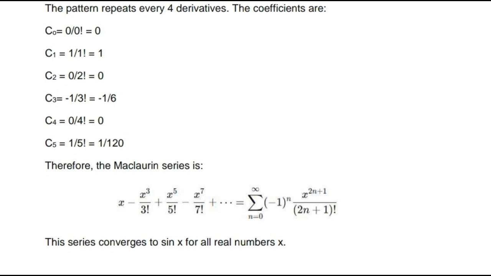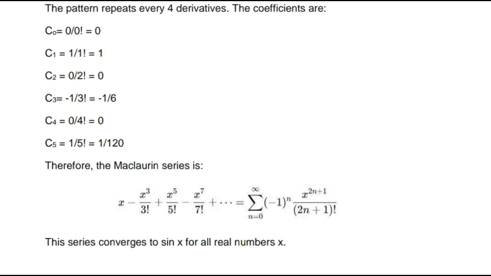So the coefficients are c sub 0 is equal to 0 over 0 factorial, which is 0. And c sub 1, which is 1 over 1 factorial, is equal to 1. C sub 2 is equal to 0 over 2 factorial, which is equal to 0. C sub 3 is equal to negative 1 over 3 factorial, which is negative 1/6.